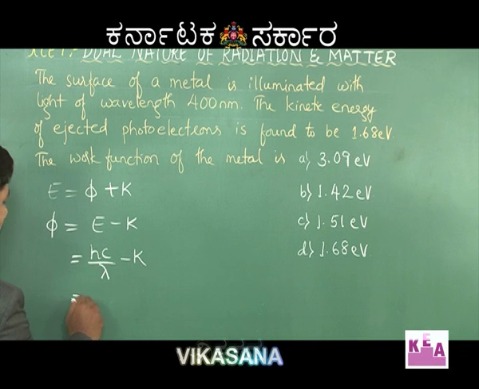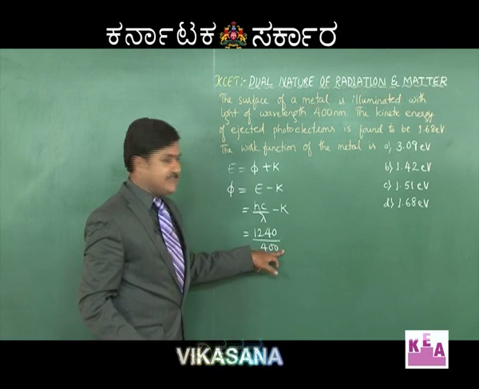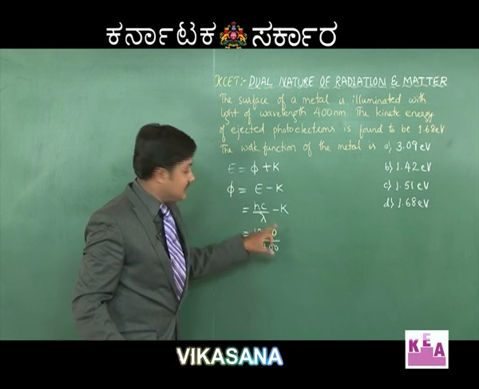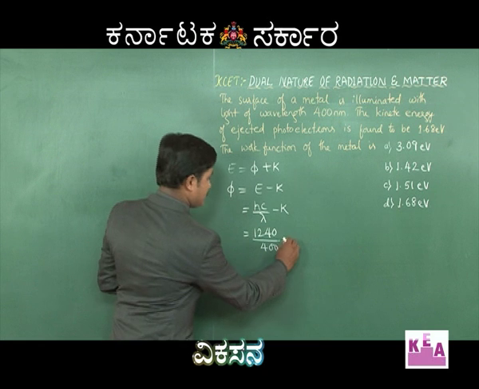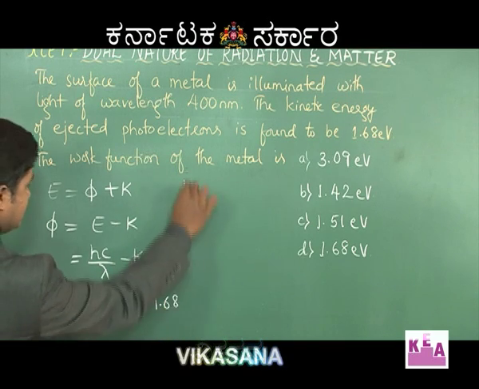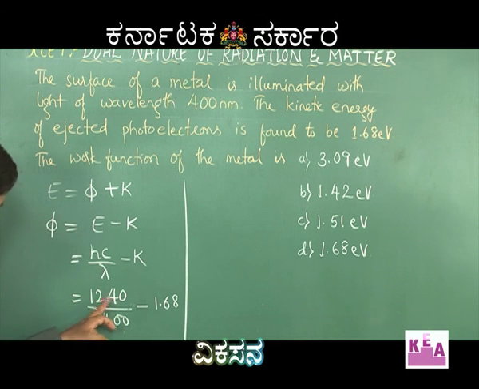So the value of hc is 1240, as we all remember, divided by the wavelength, which is 400 nanometer. Don't worry about the units here: electron volt nanometer divided by nanometer, the nanometers cancel, and you are left with electron volt, from which K, also in electron volt, 1.68, is subtracted. So the problem becomes simpler. 1200 by 400 is 3, and slightly greater than 3, it is 3.1.